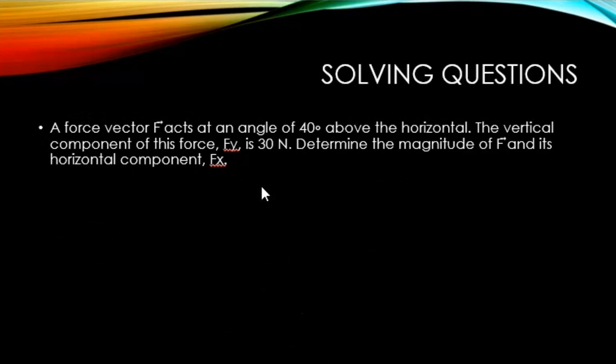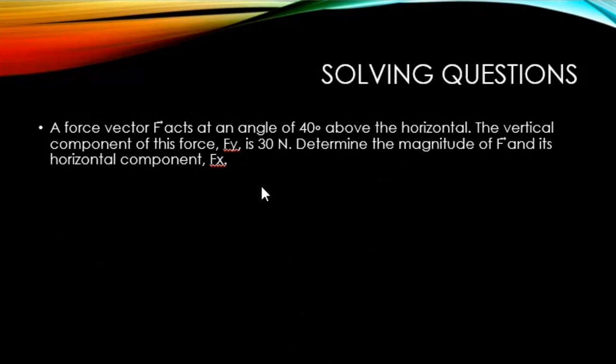Determine the magnitude of the force F and its horizontal component. In our first two questions, we were given the force itself and asked to find the horizontal and vertical components. But in this case, we're not given the magnitude of the force, we're just given the direction of it and one component of it.